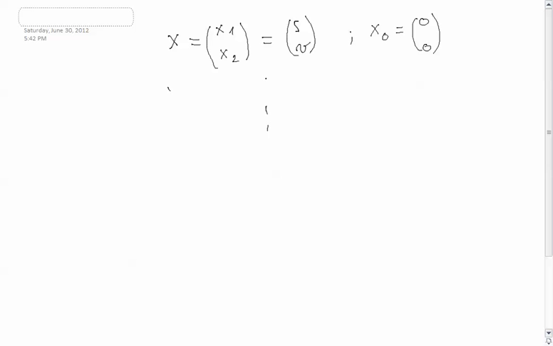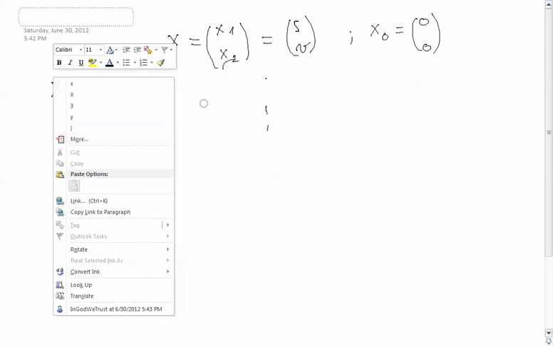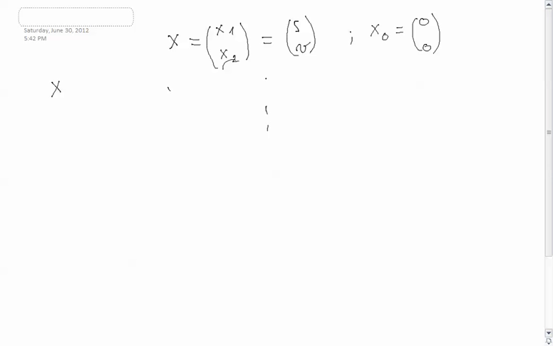Now I need to describe the change of the state. So how do I describe the change of the state? I'm sorry guys, it's derivatives. It's all around us. We cannot get away from them. So x dot equals, I'm going to write it directly, Ax plus Bu.